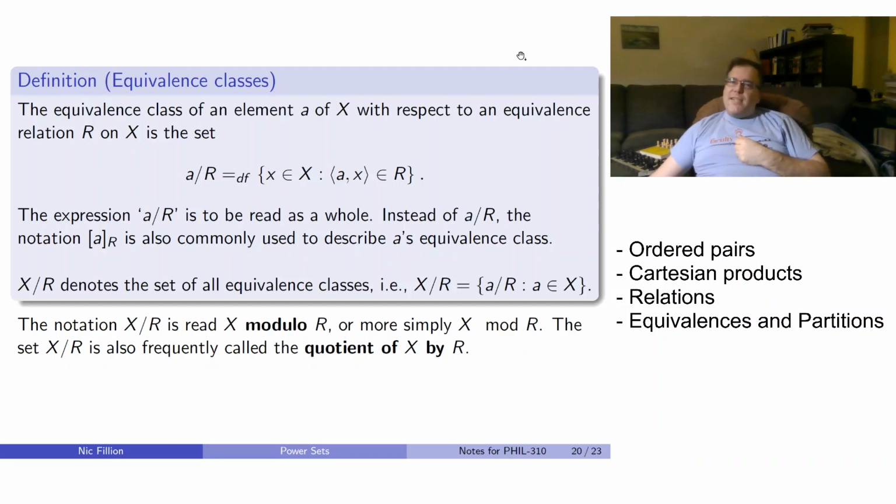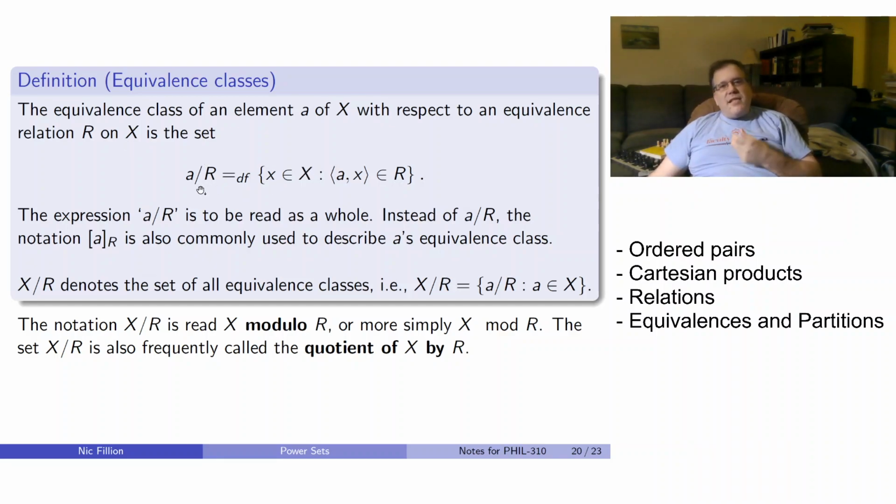Okay, so take any element A of a set X. Okay, and imagine we have an equivalence relation on the set X. We're going to call that R. Then we're going to define a set. A slash R is going to be the name for that set. It's meant to be read as a whole.